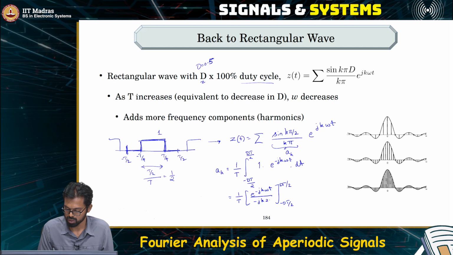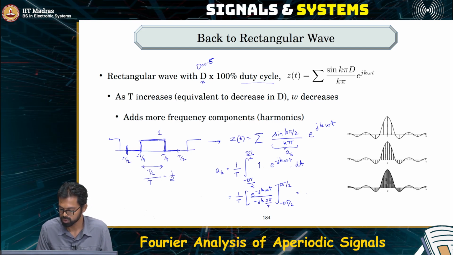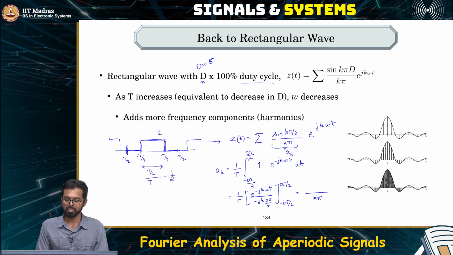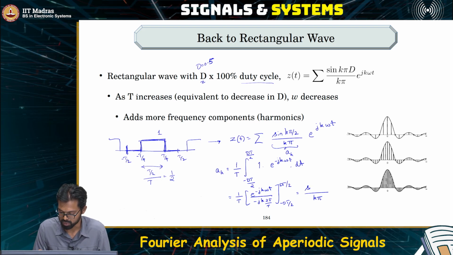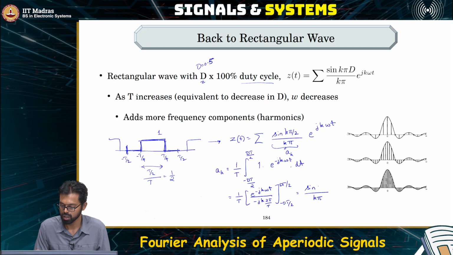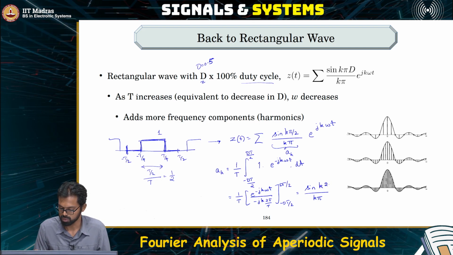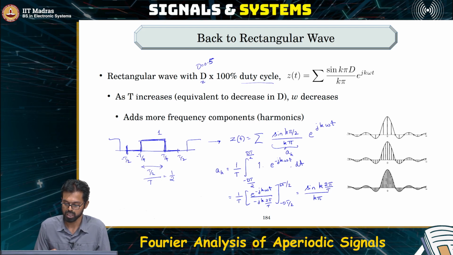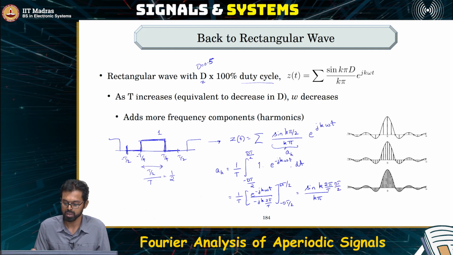So this is 2 pi divided by T. The denominator k pi still remains as such. The only thing that changes is the numerator, which is sine k. So for omega we substitute 2 pi by T, and dt by 2 from the limits.